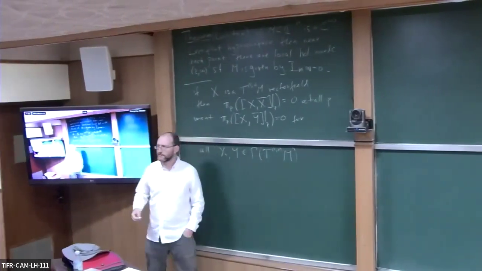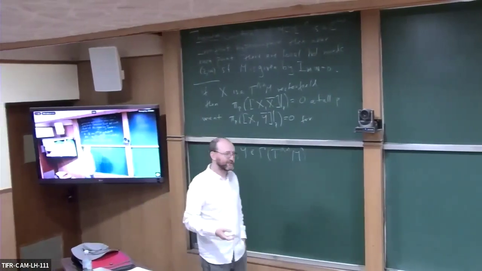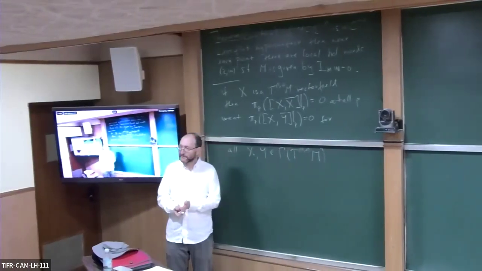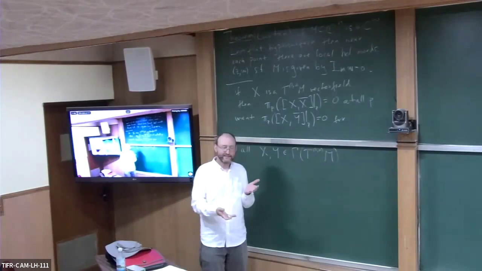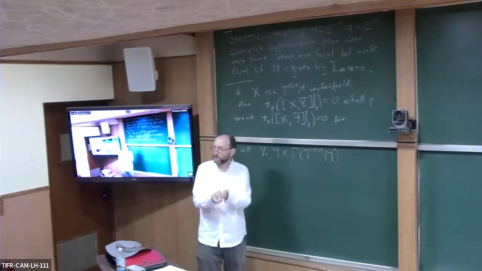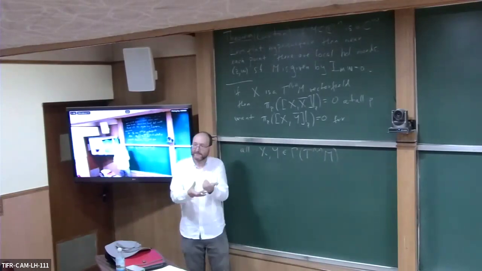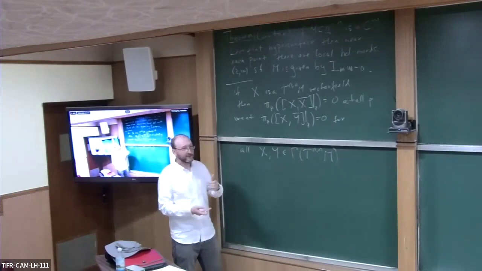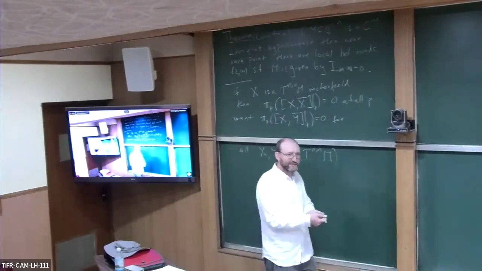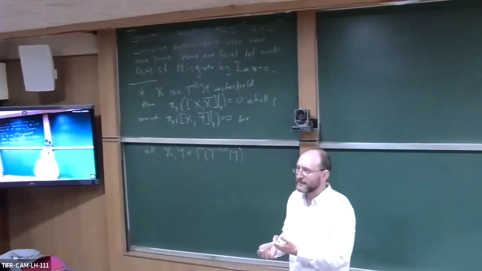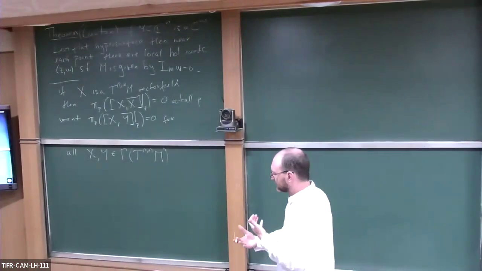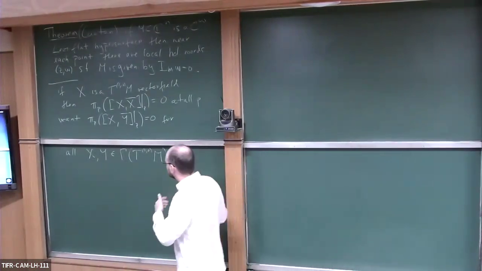Why is that true? That's true because if you have a Hermitian matrix, knowing that the corresponding quadratic form is 0 is the same thing as the matrix being 0. So you basically can recover the matrix from just knowing the quadratic form.